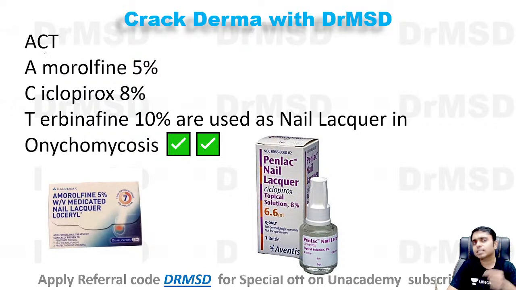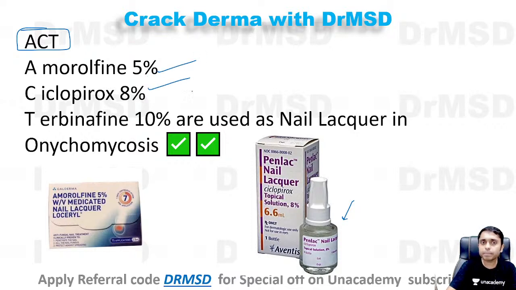So nail lacquers are basically nail polish-like fluids which will be dispensed just like nail polishes in small glass containers. And the examples for these you can remember with the simple mnemonic ACT: amorolfine, ciclopirox and terbinafine, and these are kept in increasing concentration, so 5%, 8% and 10%.